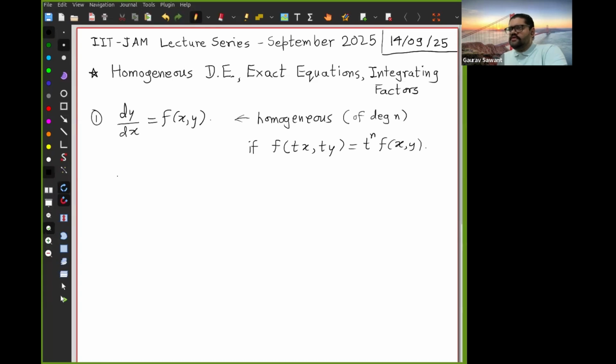And when this happens, I can make a simple substitution, z equal to y by x, and also the related z plus x dz over dx equal to dy by dx, to simplify this further and hopefully get into a separable form.